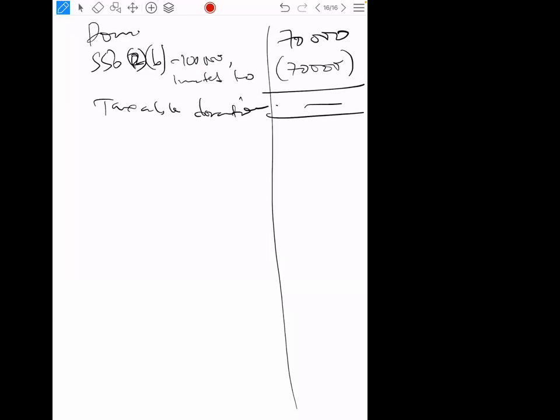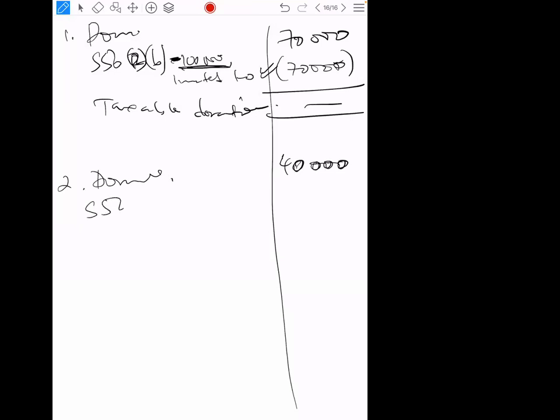Right. So this was donation number 1. If this person makes another donation, donation number 2, let's say it amounts to 40,000. Remember, per annum, you've got an exemption of up to 100,000. This person has utilized 70, so 30,000 remain. So here he can only apply 30,000.